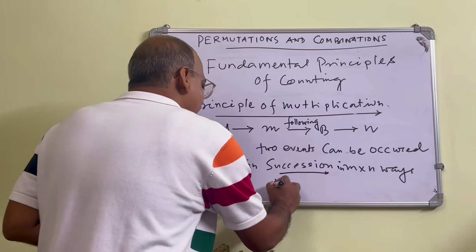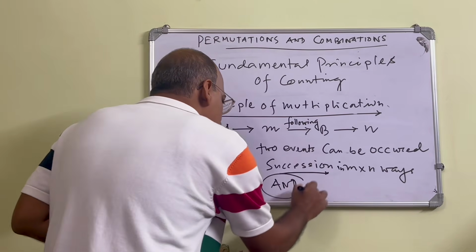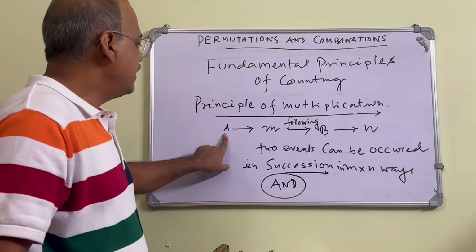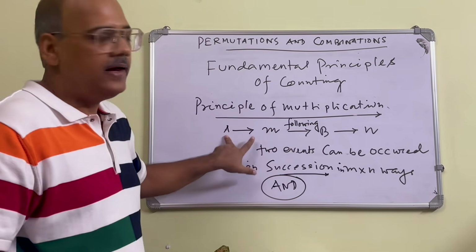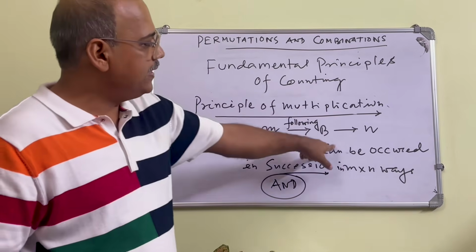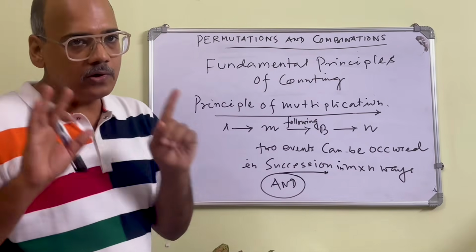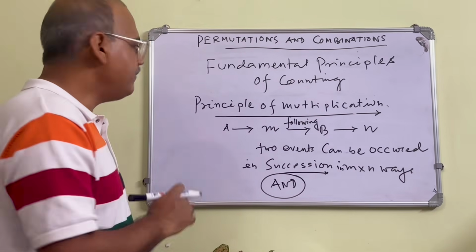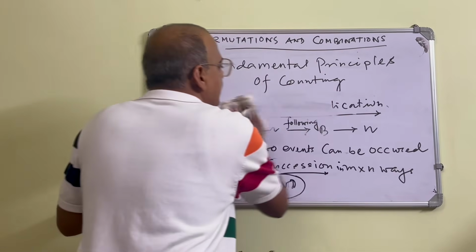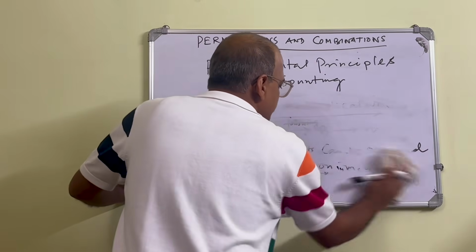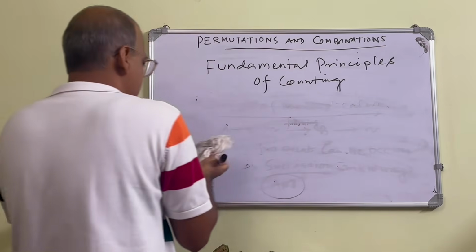So it's an AND conjunction here. So here, event A occurs in M ways and B in N ways. It will be clearer if I give these examples. Let me combine these two and put it in a single example.